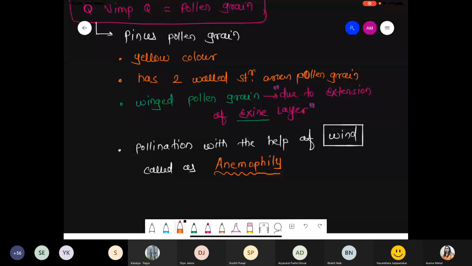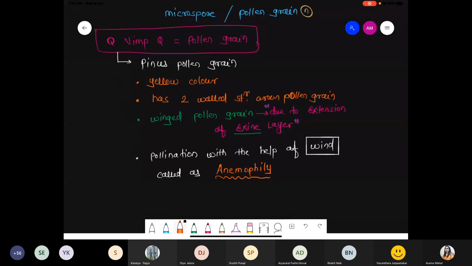What is the meaning of the winged pollen grain? It has a two-walled structure, yellow color, etc. Just check the chat box first of all. These are the example for a plant.